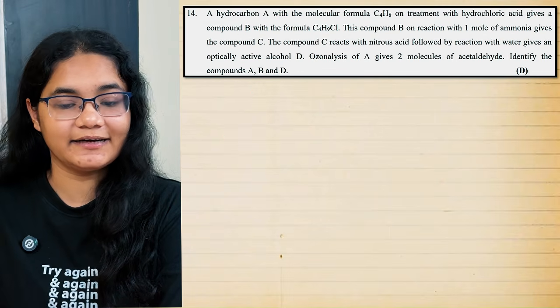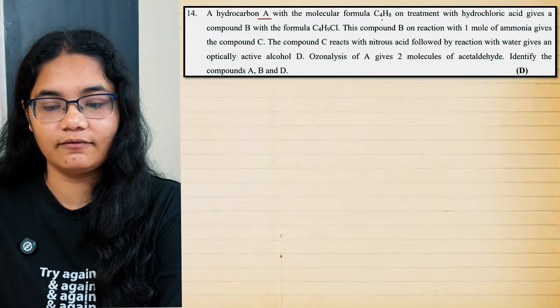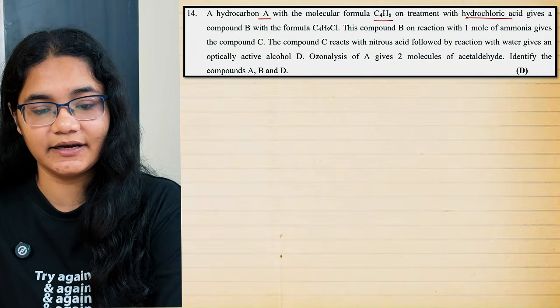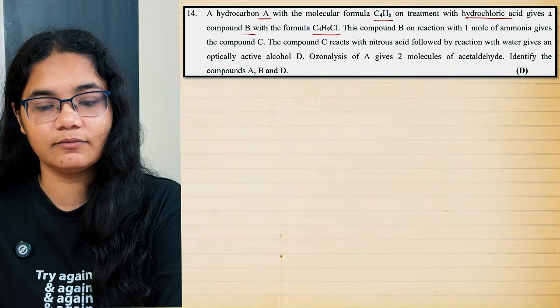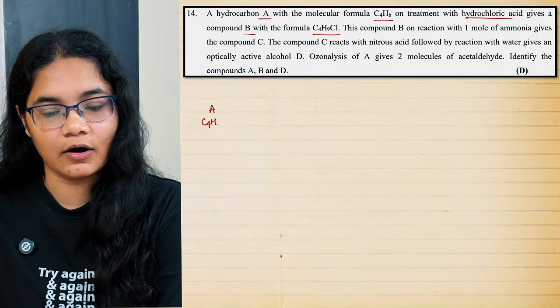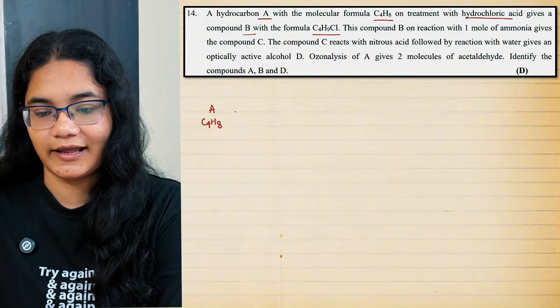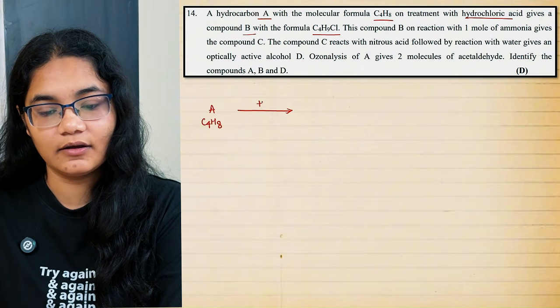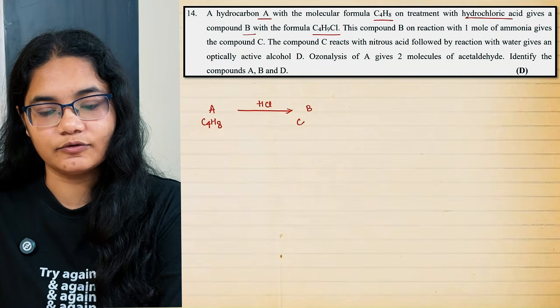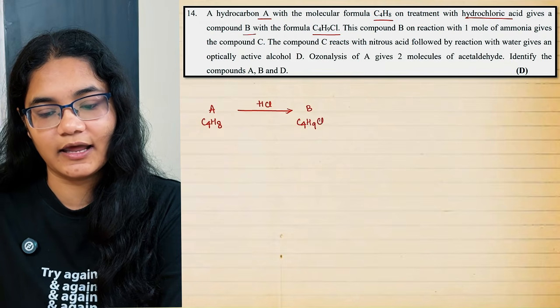Okay, now let's see the next question. A hydrocarbon A with molecular formula C4H8, on treatment with hydrochloric acid, gives a compound B with molecular formula C4H9Cl.